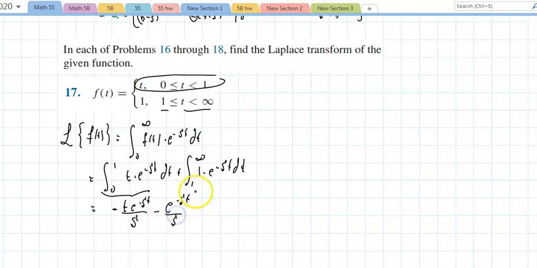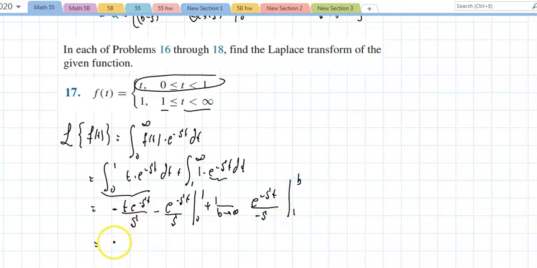divided by s, evaluated from 0 to 1, plus the limit as b approaches infinity. This is simply e to the negative st divided by negative s, evaluated from 1 in this case to b.